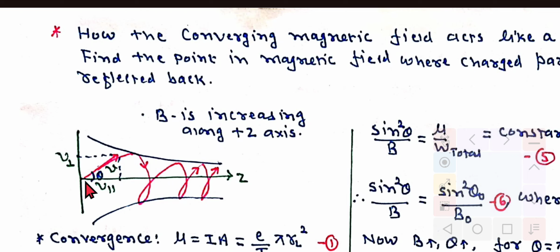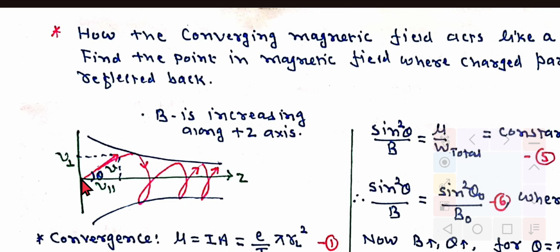That means the magnetic field becomes dense and very dense along the z-axis. I mean, suppose here the magnetic field is 5 Tesla, then 10 Tesla, 20, 100 Tesla, and so on. Here the magnetic field is increasing and increasing like that.